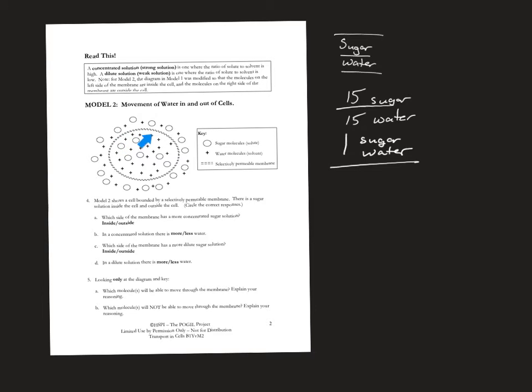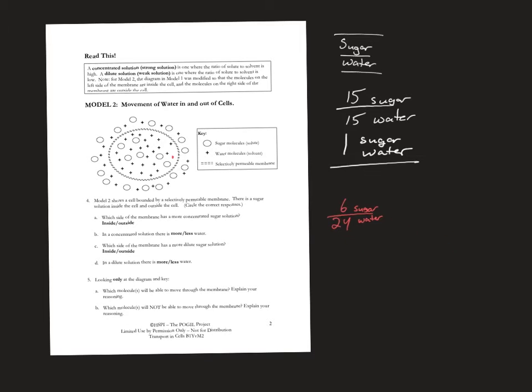1, 2, 3, 4, 5, 6, 7, 8, 9, 10, 11, 12, 13, 14, 15, 19, 20, 21, 22, 23, 24. So you have 24 inside, right? 24 water molecules. And sugar molecules, you have 6. So that gives you sugar to water.